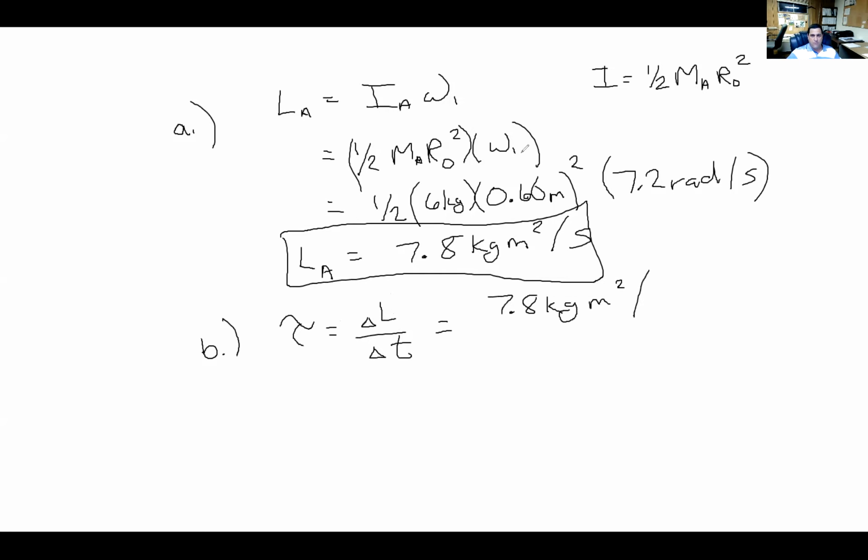There's no angular velocity, so that term would be 0. So it is just going to be my final angular momentum, which we solved for in the first part. And it was accelerated over a time of 2 seconds. So our torque, part B, the torque required to do this acceleration is 3.9 Newton meters.